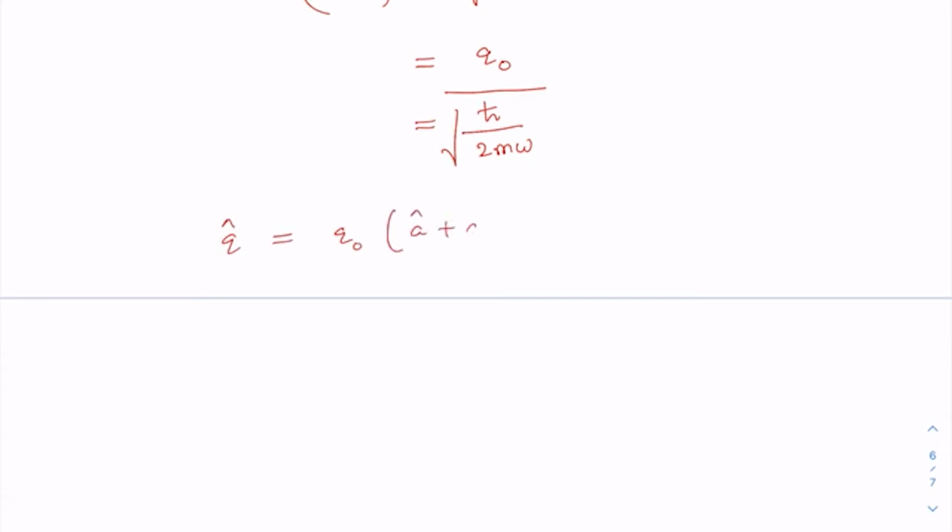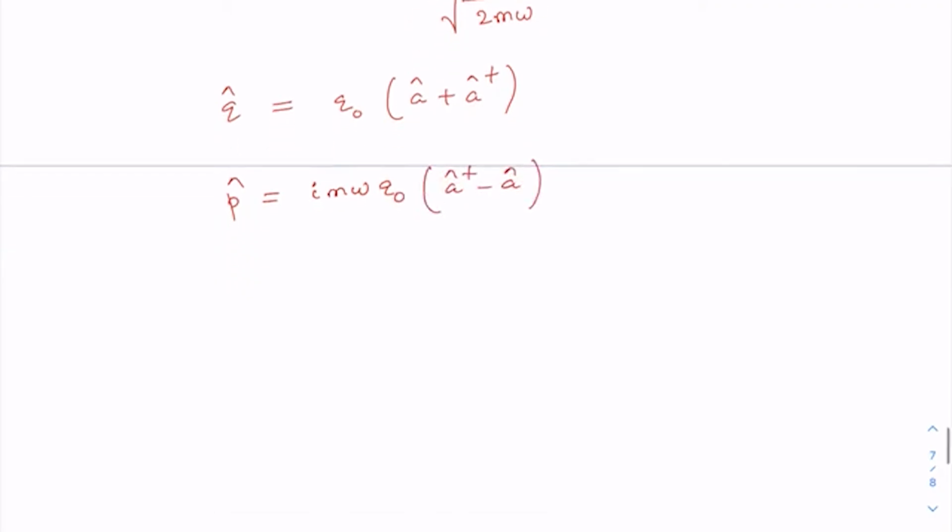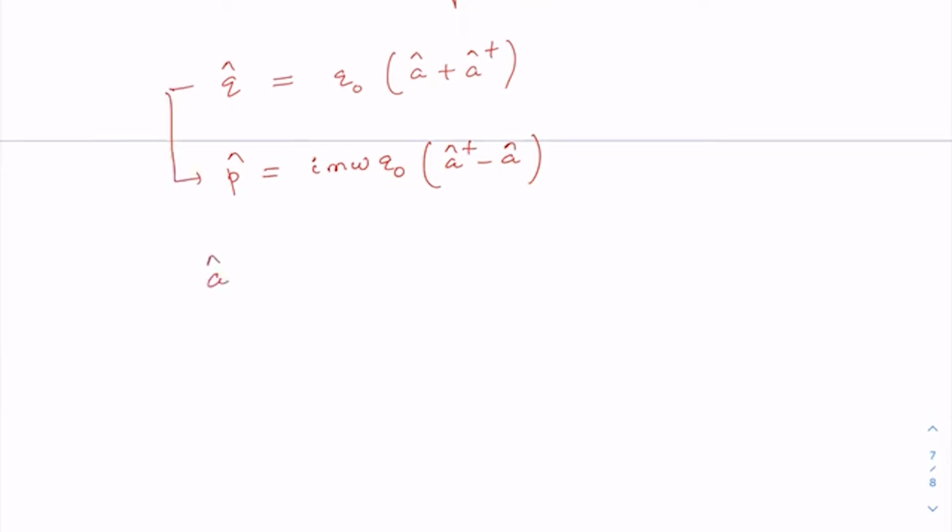The corresponding momentum operator is defined, by definition, as i m omega q0 times a dagger minus a. In fact, from these two equations, you can write the annihilation and creation operators like this.